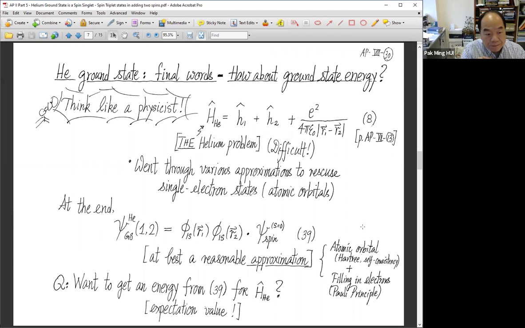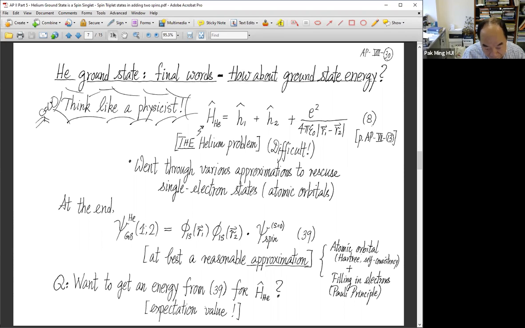So now, finally, let me remind you of what we have done so far: we know how to write down the ground state wave function.